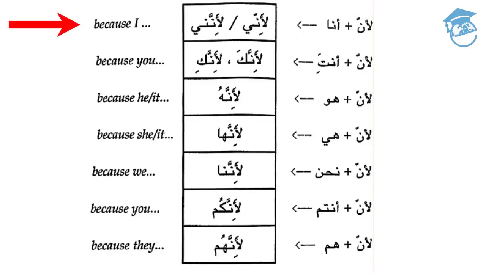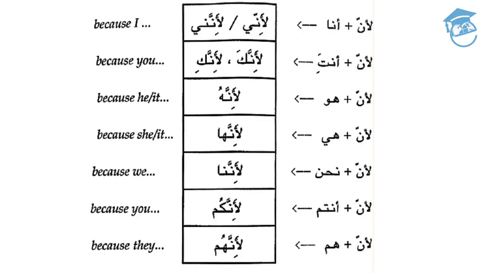If you want to say because I, you say لأني or لأنني. If you want to say because you, for a male, we say لأنك. If we want to say because you, for a female, we say لأنك. If we want to say because he or because it, we say لأنه.